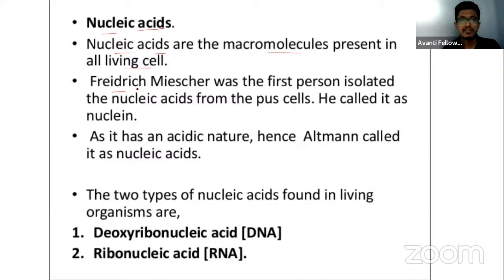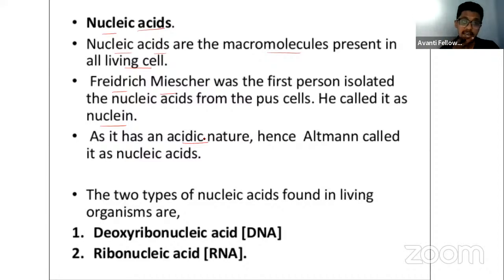So Friedrich Miescher was the first person to isolate these nucleic acids, and then he understood the chemical nature of the nucleic acids, and he gave a term called nuclein. Okay, so when I said that he understood the chemical nature of the nucleic acid, that means he understood the pH. He got to know that it is acidic in nature.